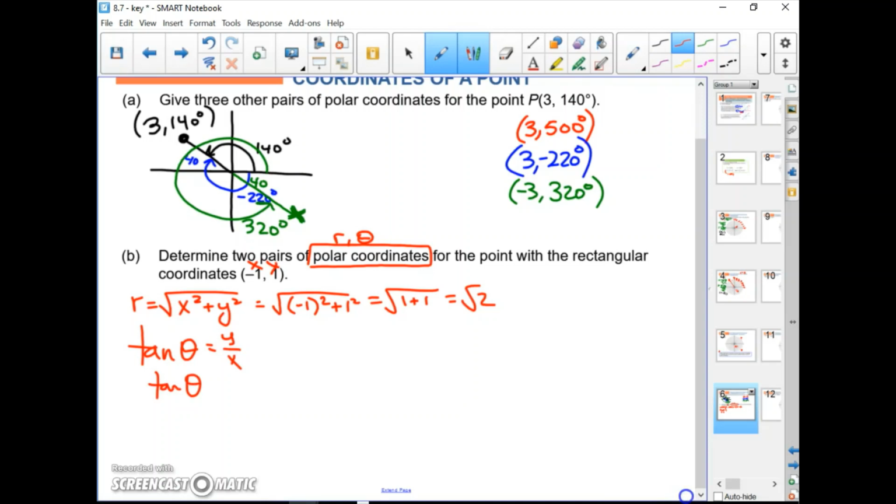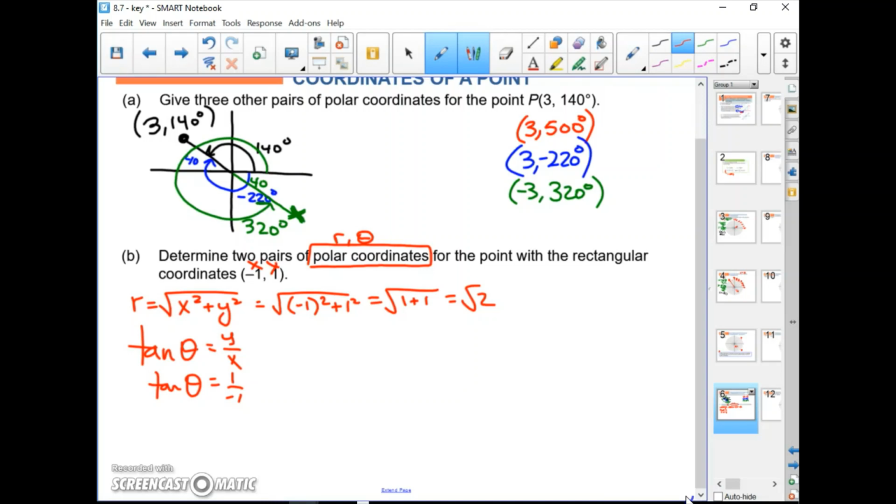Or in this case, tangent theta equals 1 over negative 1. You want to be able to use the chart and find what angle is going to give us a tangent value of 1 over 1. Okay? You guys see how that's going to be 45 degrees? That's going to be a 45.